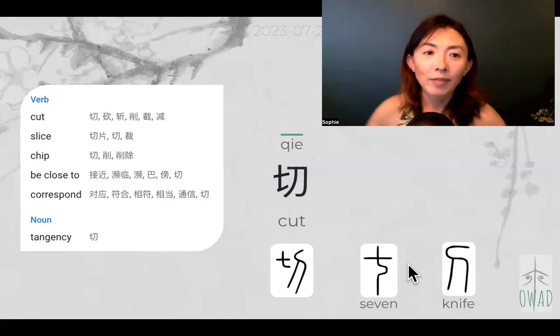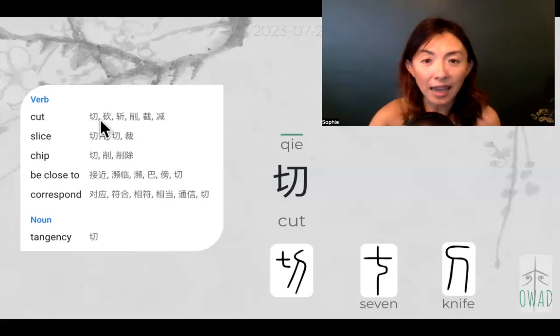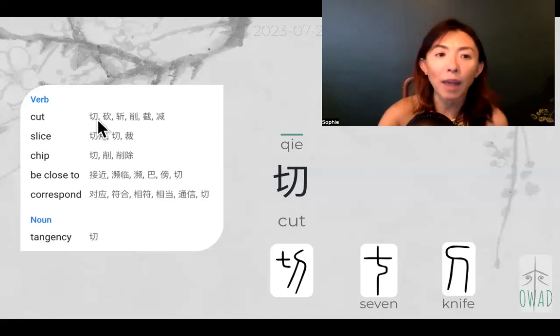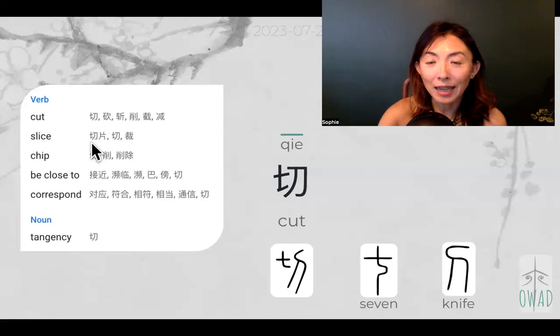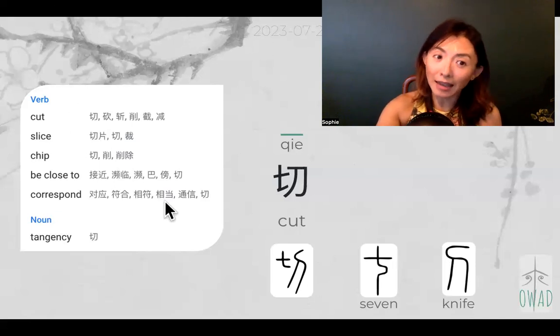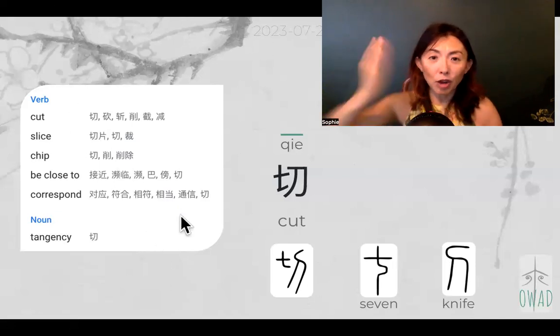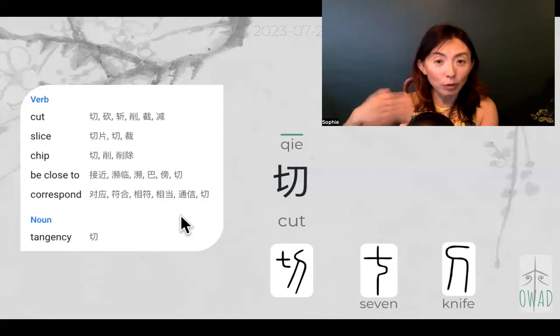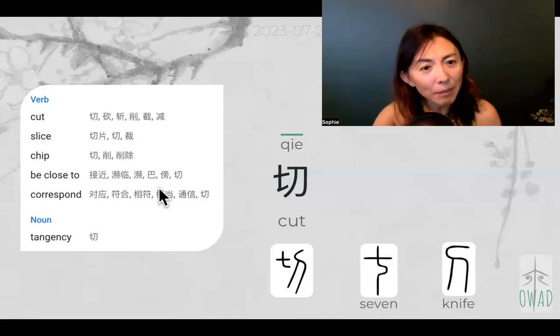That's 切. We use the same 切 in a variety of ways. By itself, just cut. When we say 切片, 片 means a thin slice, and that becomes slice. When we chop things up, it can also mean chip. It can also mean close to.